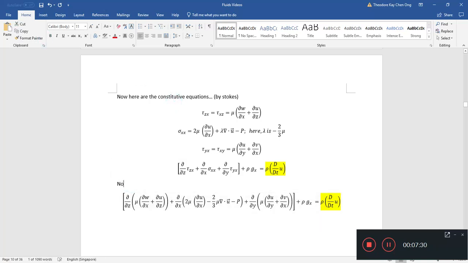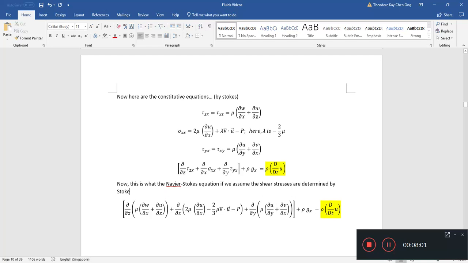Now this is what the Navier Stokes equation looks like, this is the momentum balance if we assume the shear stresses are determined by Stokes' constitutive equations.